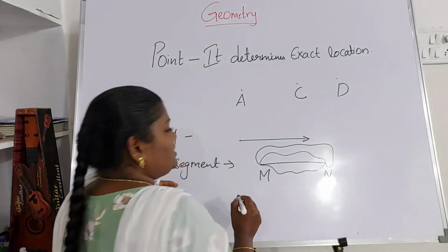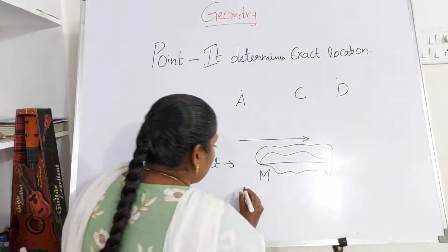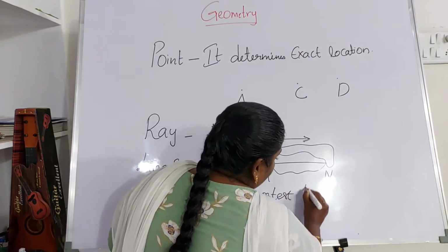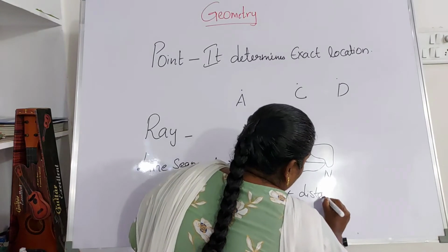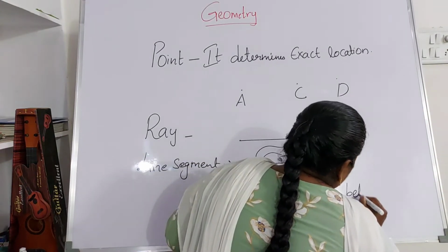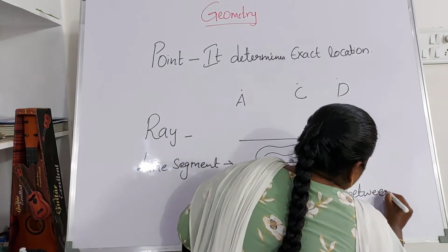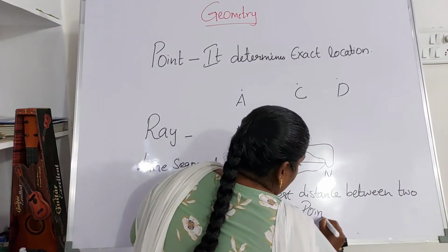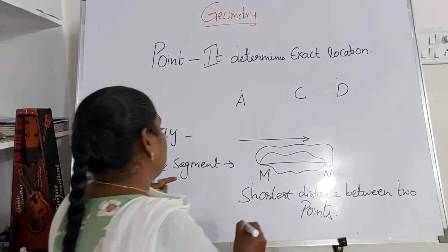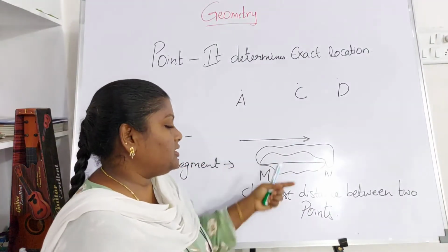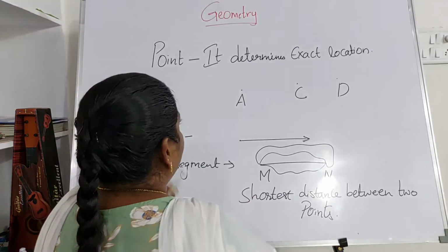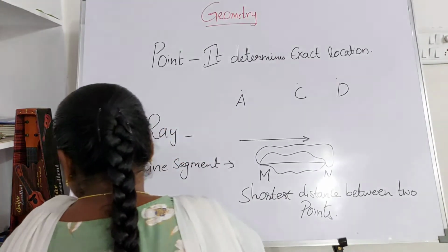So this line segment is determined as the shortest distance between 2 points. Yes, so line segment is the shortest distance between 2 points.